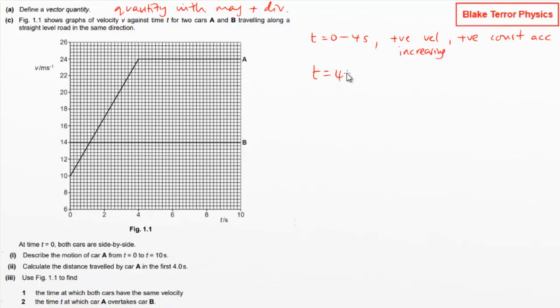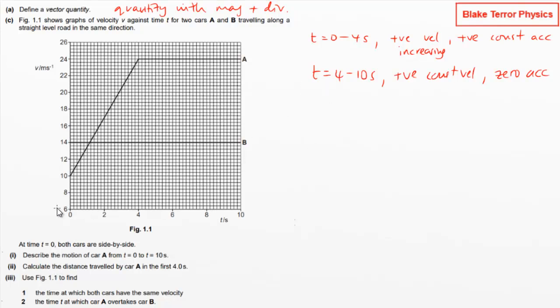And then from 4 to 10 seconds, we've got a positive constant velocity, and we've got zero acceleration. So we're just trying to put a positive or negative on these things, and then whether they're changing or not. That gets you quite a lot of marks. Just put in those.